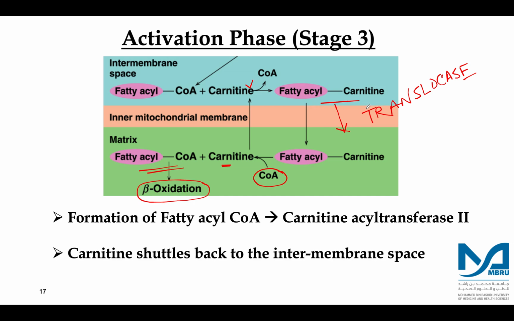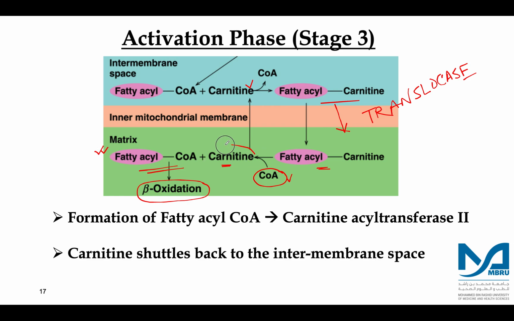So with the help of the translocase, the fatty acyl carnitine comes through the inner mitochondrial membrane inside the matrix. Once the fatty acyl carnitine is inside the matrix, it undergoes a second exchange where it combines with coenzyme A. So at the end we have fatty acyl coenzyme A.